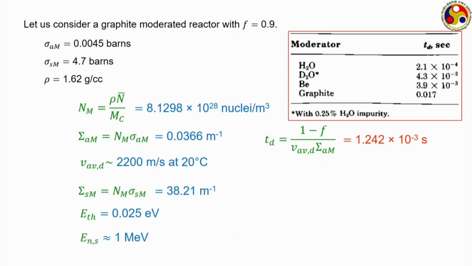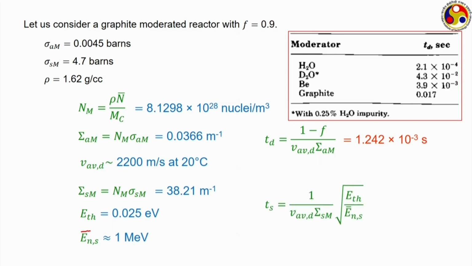Then for the average energy during the scattering process, there are several ways we can calculate this, but here we are going for a simple approach. Initial energy at the starting of scattering can be taken to be 2 mega electron volt, and at the end of the scattering process, when it has become thermal, its energy is 0.025 electron volt. So, the average of that is 1 mega electron volt.